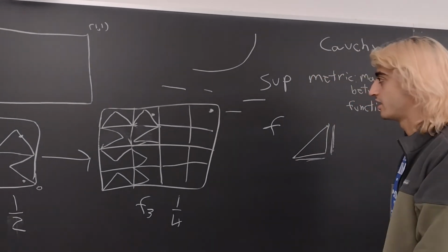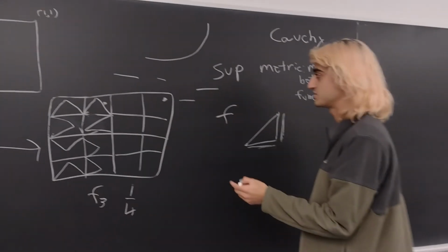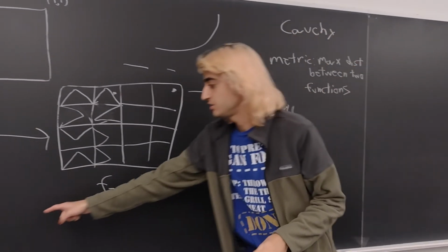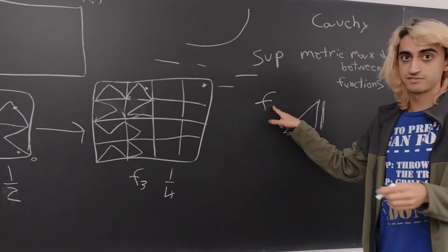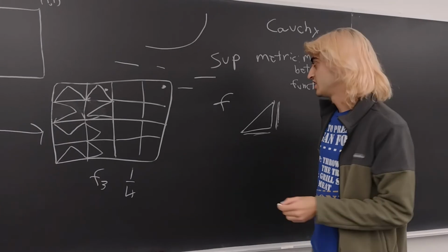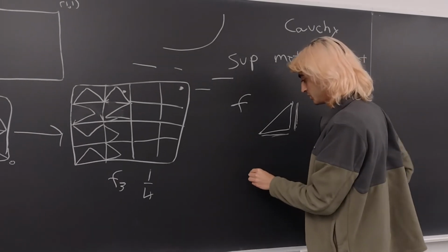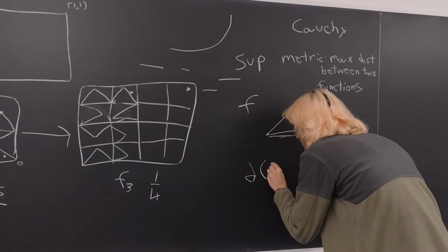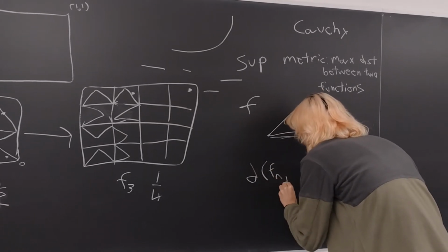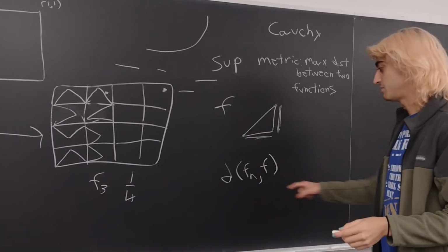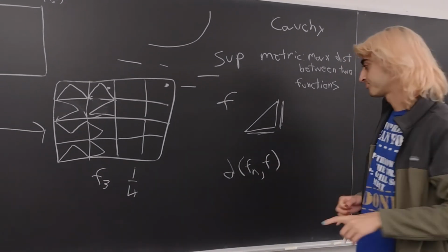First, notice that since this sequence of functions converges to f, this sequence of functions gets as close as we want to f. So we can find the distance between fn and f, and by just making n really big, we can make this as small as we want.